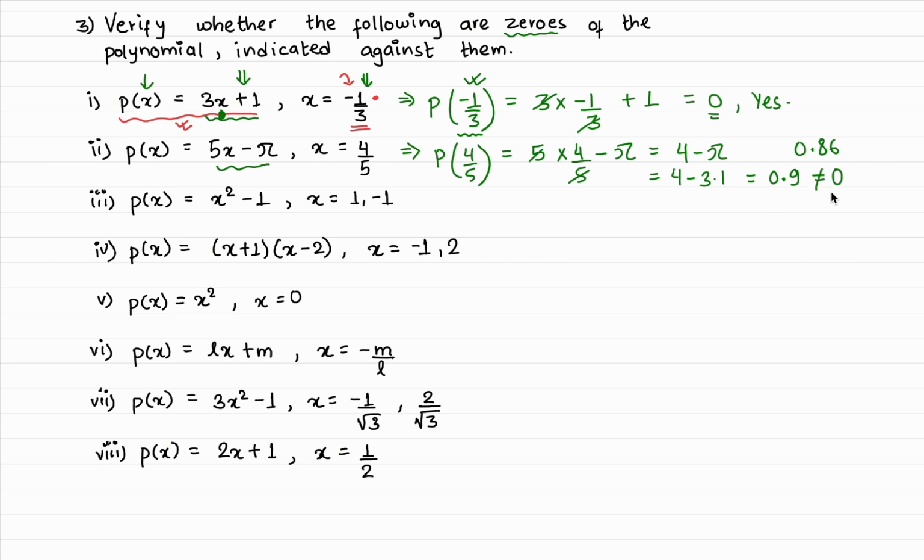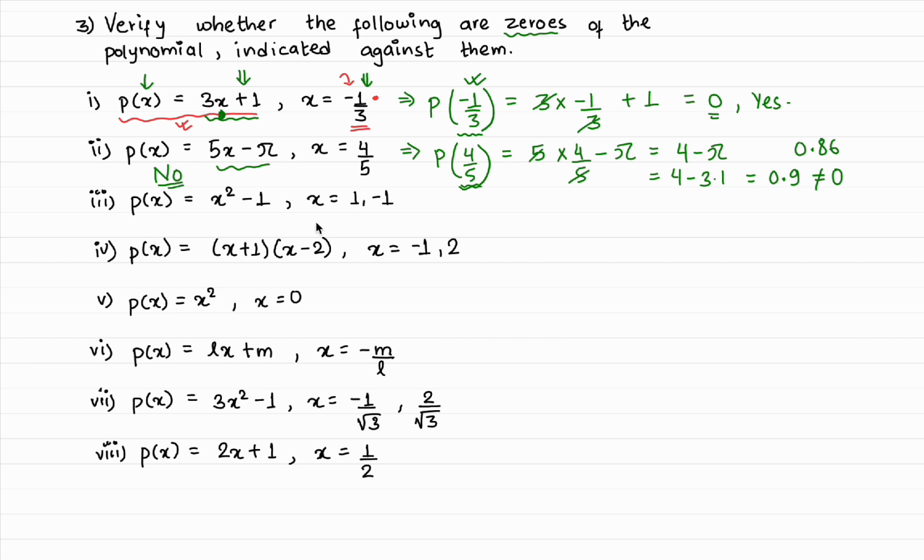This number is not 0. And if you don't get 0 at the end, then this number that we plugged in is not a 0 of the given polynomial. So our answer for this second question is no, it's not. 4 over 5 is not a 0 of this polynomial.